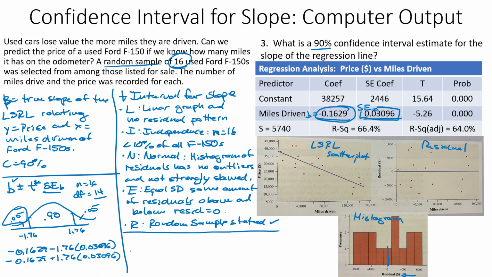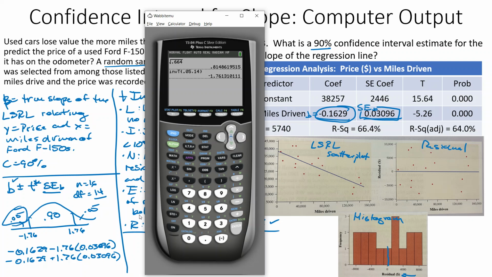So we need to work out both of those. I know, it's a lot of work. I understand. Negative 0.1629 minus, actually, what is it? Plus, minus 1.76 times 0.03096. Close that parentheses.